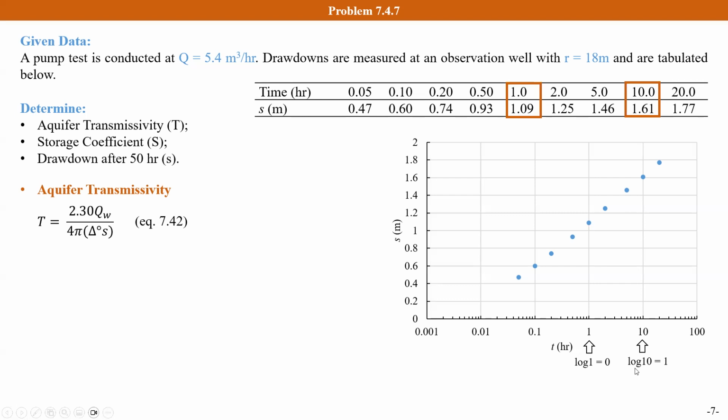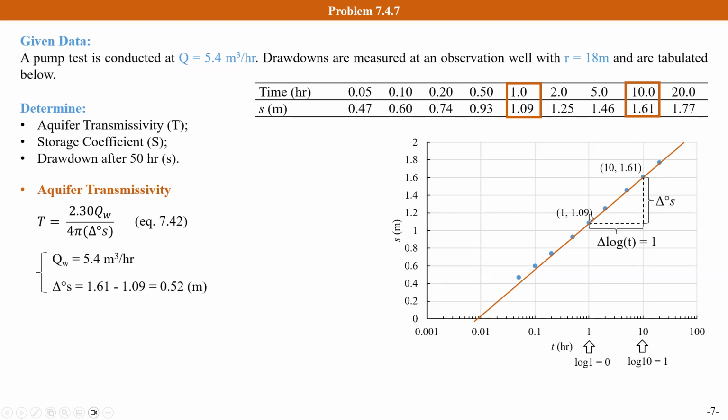So based on this information, we can determine the delta S. It equals 1.61 minus 1.09. So we know it equals 0.52 meter, and we already know the flow rate, so we can determine the transmissivity. It equals 1.9 square meter per hour.